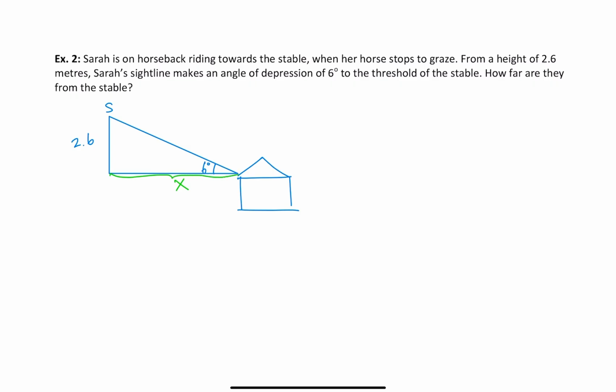Okay. So again, we're given an angle, we're given a side, and we're trying to find a second side. So we're going to use a trig ratio, and let's determine which trig ratio to use. So recall that the hypotenuse is always the side opposite to our right angle. So in this case, this is h, which we don't have and we don't need. If we're using 6 degrees as our anchor angle, 2.6 is our opposite.